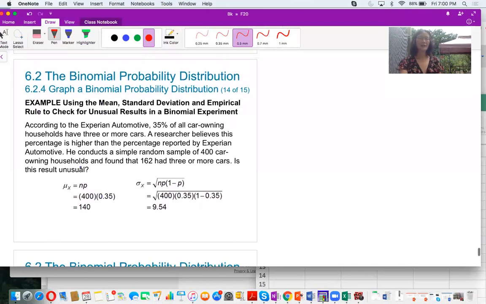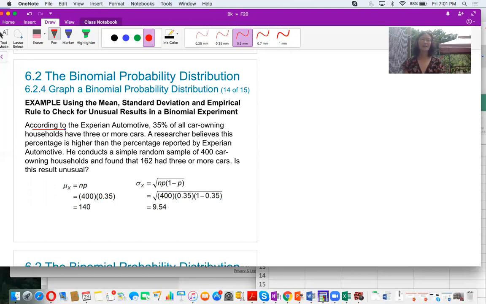So let's look at an example, a similar situation, an automobile example. According to Experian Automotive, 35% of all car-owning households have 3 or more cars. A researcher believes this percentage is higher than the percentage reported by Experian Automotive.